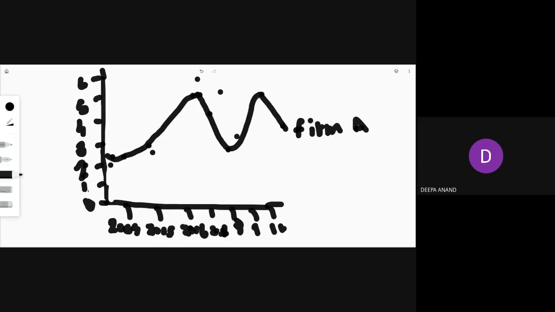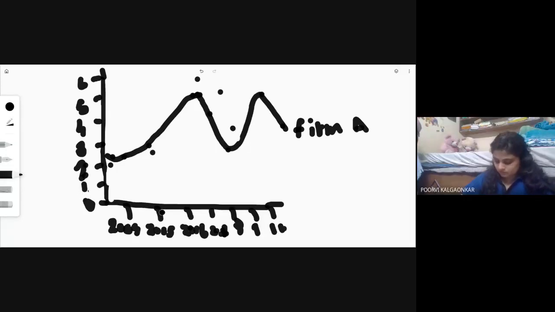Not 2.7, it is 3.1. Now I told you to guide me. What is the number here? We are doing 3.1, right? It is 3.1. Next, 2009. 5.8 is for firm A, right?